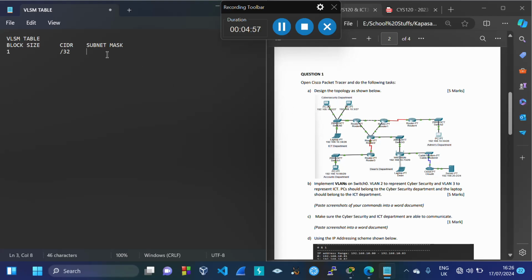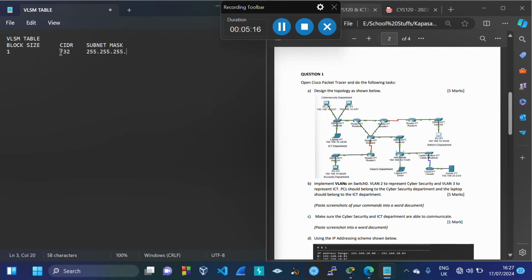Therefore, each has 8 bits, but when we convert 8 ones we come up with 255 if we are coming from binary to normal standard. So we can have 3 portions which are 255.255.255. Then I'll say dot.